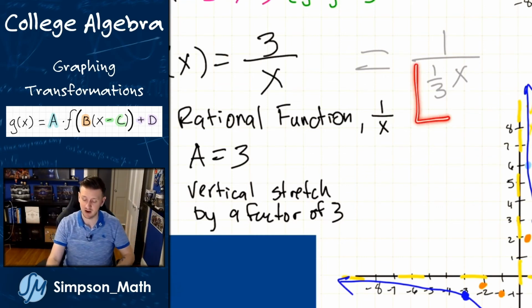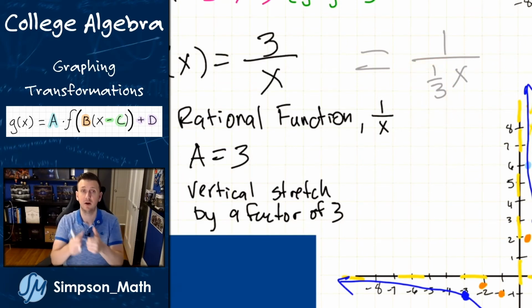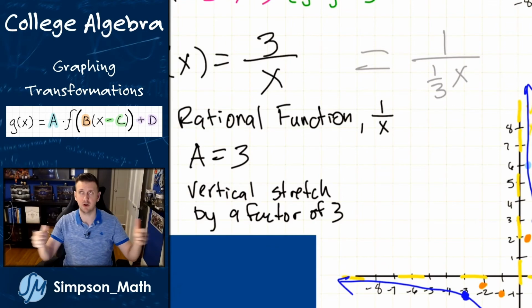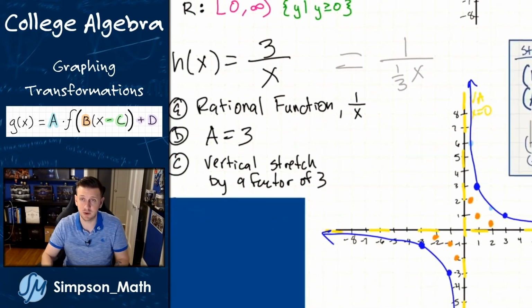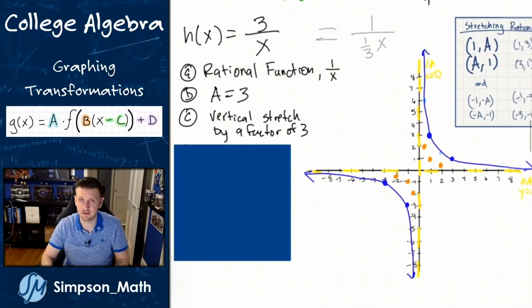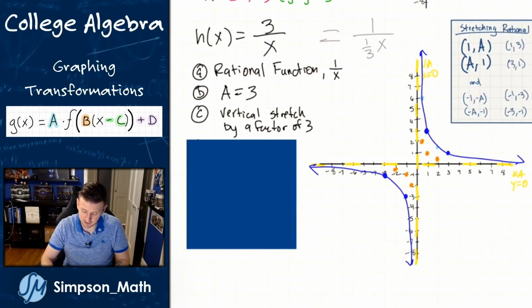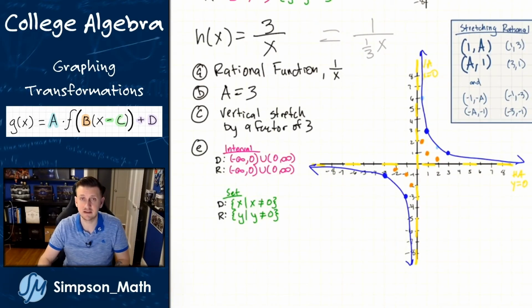So this is a horizontal stretch by a factor of 3, and a vertical stretch by a factor of 3 at the same time from this same number. So it is quite literally both. It moves it symmetrically. All right, our domain and range stay at our parent function values because we didn't do any shifting or reflecting.